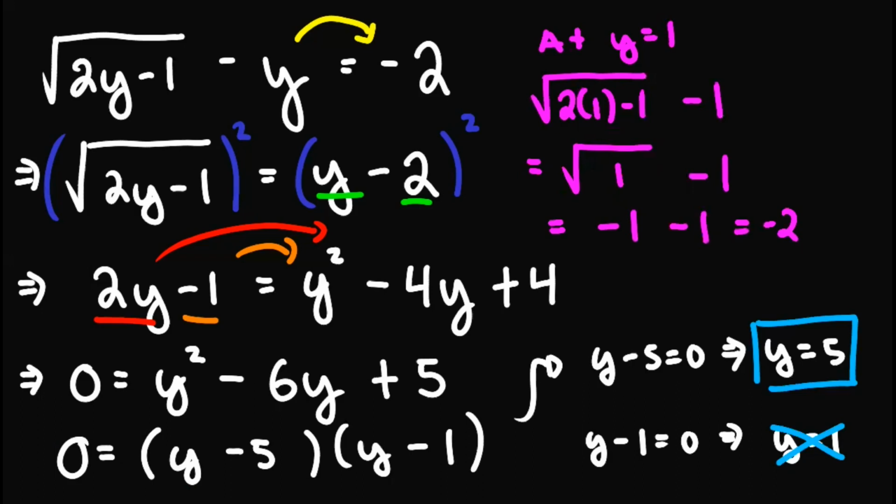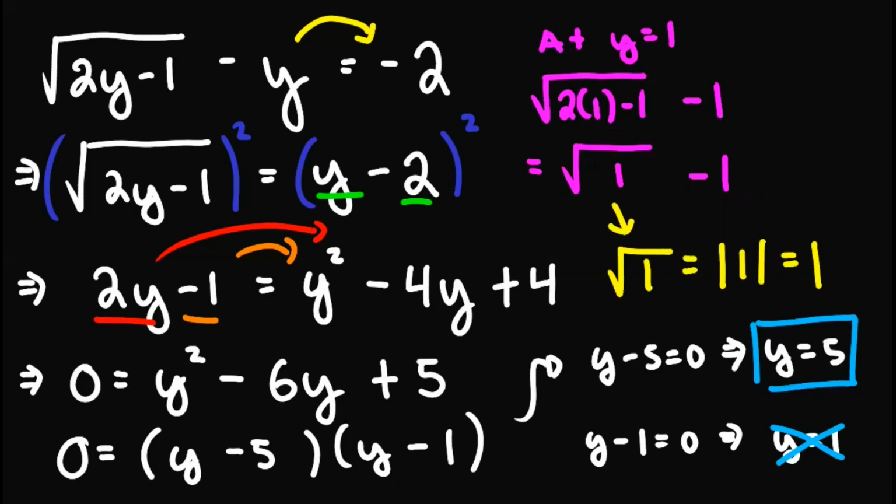But that is not how it goes when we check radicals, since note that the square root of 1 is equal to the absolute value of 1. So the outcome must always be positive. That is why it's important to check our acquired possible roots in dealing with radical equations.